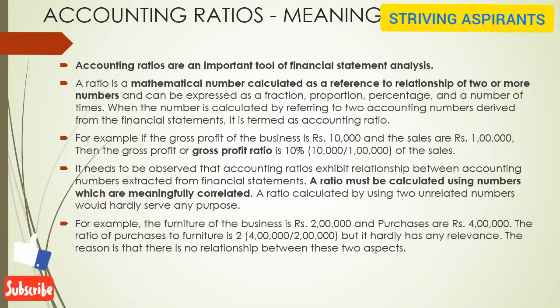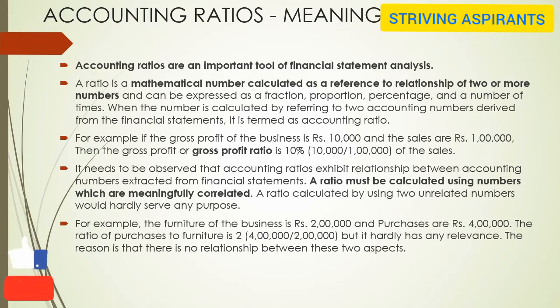It is important that there should be some sort of relationship between the numbers we are taking from financial statements. In other words, a ratio must be calculated using numbers which are meaningfully correlated. If they are unrelated numbers, then there is no purpose of calculating these ratios.